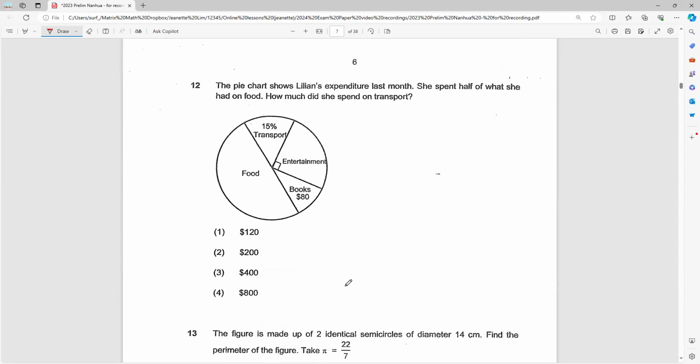Question 12. Pie chart shows Lillian's expenditure last month. She spent half of what she had on food. How much did she spend on transport? Okay, so the only amount that we know is this, books. So in terms of percentage, this is 50%. This is right angle. Right angle is a quarter of the whole thing. A quarter is 25%. So this is 25%.